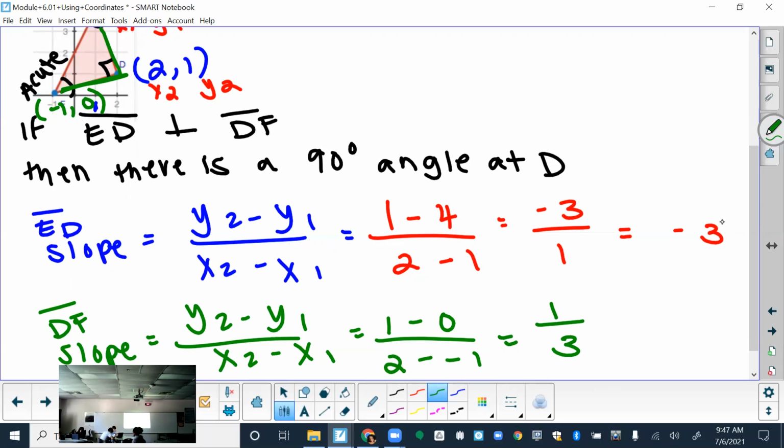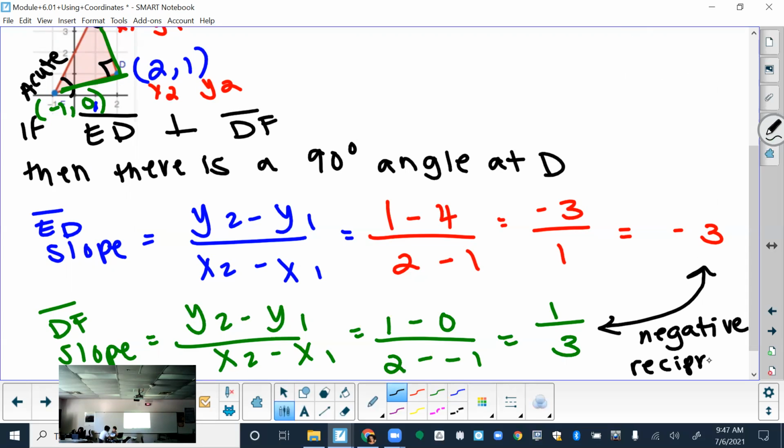Now looking at the slopes that I have here, is 1/3 the negative reciprocal of -3? Or vice versa, is -3 the negative reciprocal of 1/3? Yes, they are negative reciprocals.